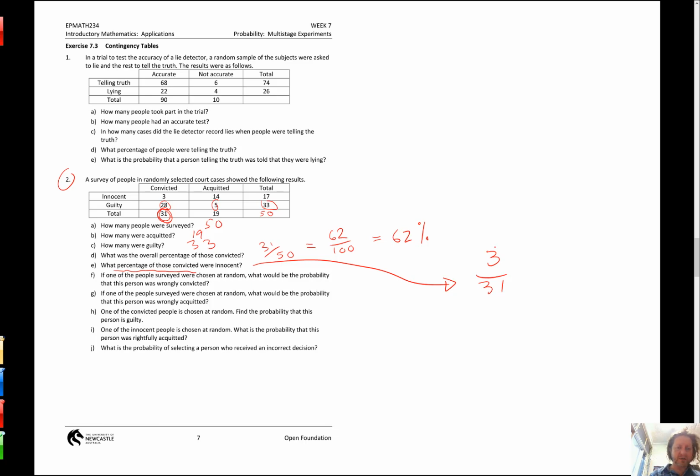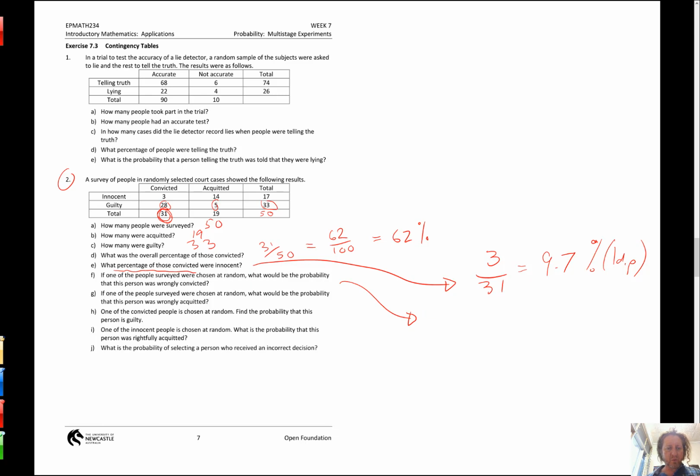It's 3 on 31, but it asks for a percent. So 3 divided by 31 times 100, my calculator's telling me is 9.677 and so on. So I'm going to go 9.7% to one decimal place. It was 9.67. Since a 6 was followed by a 5 or greater, I rounded it up to 9.7.